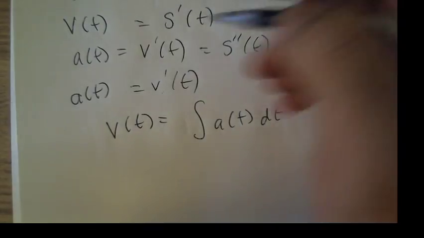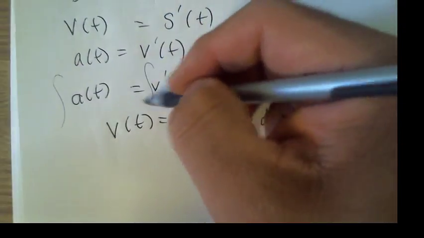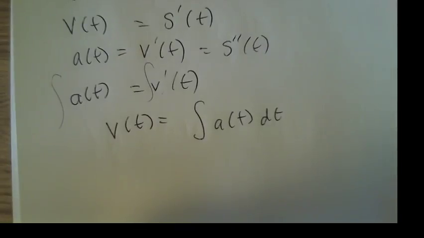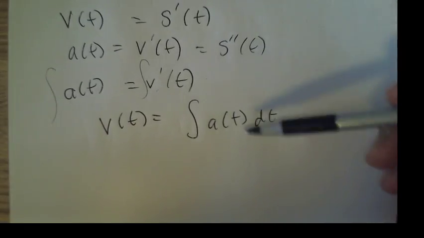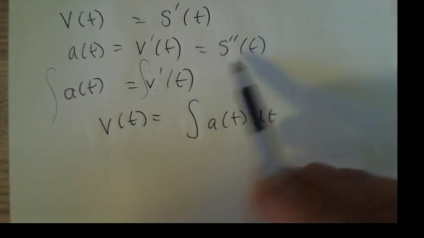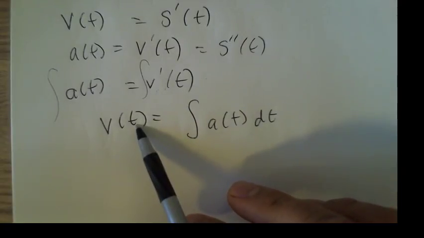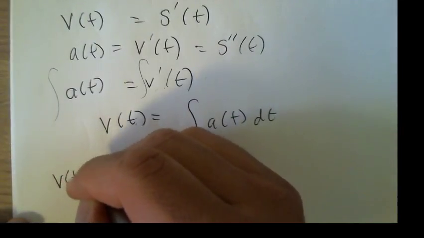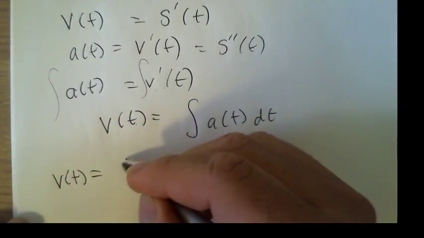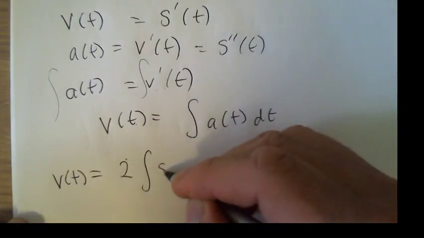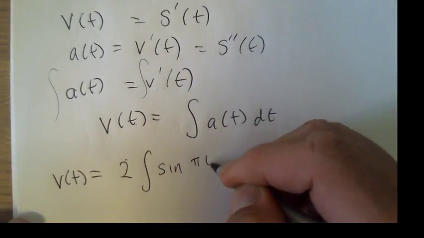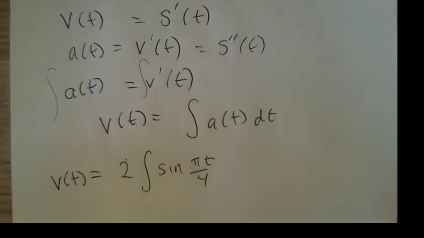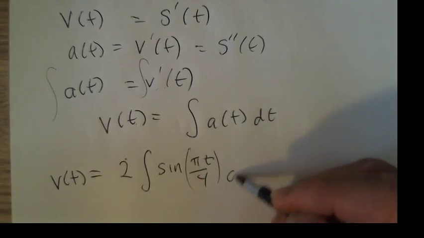Essentially, I take the antiderivative of both sides of this equation. The antiderivative of a derivative is just that function v of t, which means that to come up with v of t, we need to find the antiderivative of sine of pi t over 4 dt.